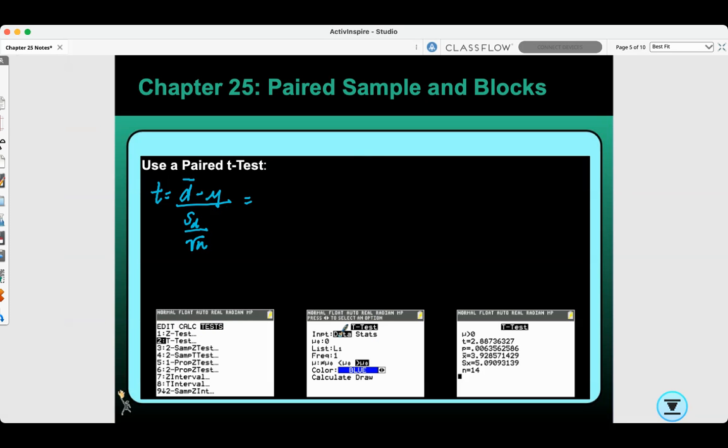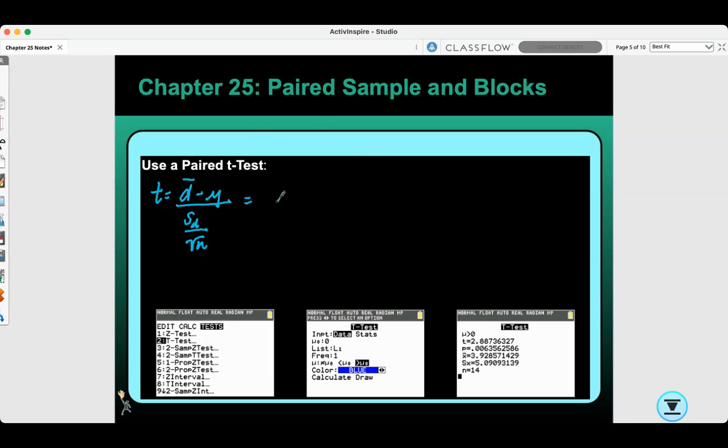We're going to use the data that we put in, the differences in ages. Our mu is 0. Our data is in list 1. The frequency is 1, greater than. And when it's greater than, our test statistic is 2.887. It also gives our p-value, mean, standard deviation, and the number we have.